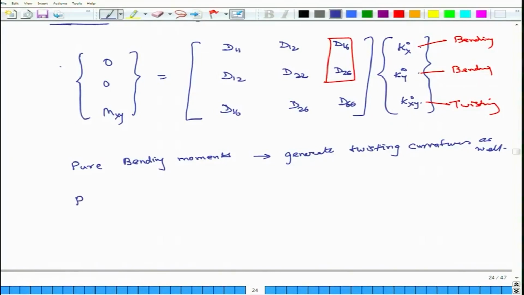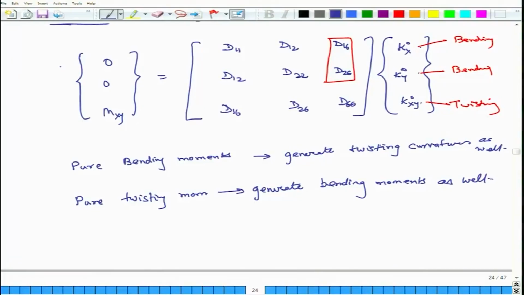So, pure twisting moments, these guys, they generate bending curvatures as well, because D16 and D26 are not 0. So, this happens when D16 is not 0 or D26 is not 0. Okay.